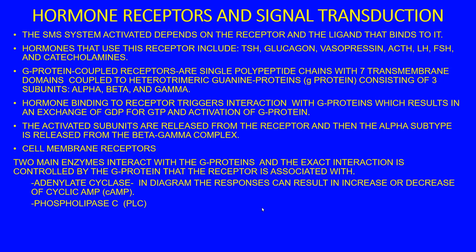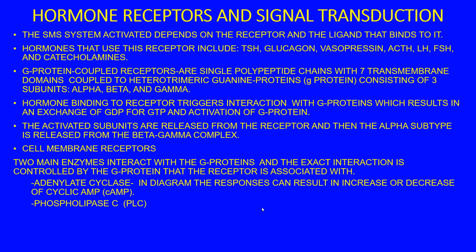Let's get back to G proteins. There are subtypes. There are 4 families. G alpha S activates adenylate cyclase. So you're going to see this increase in adenylate cyclase, which means that you're going to have an increase in cyclic AMP.